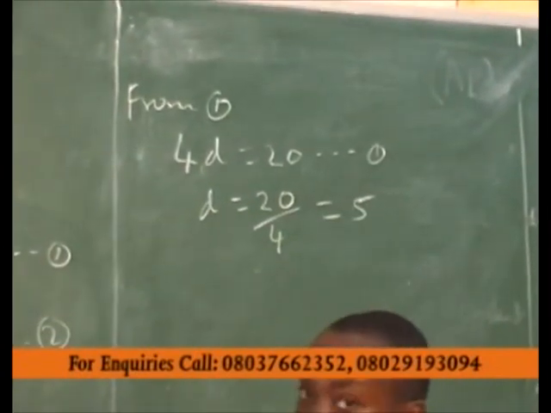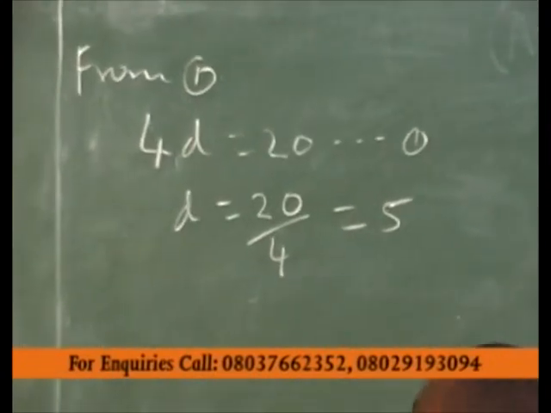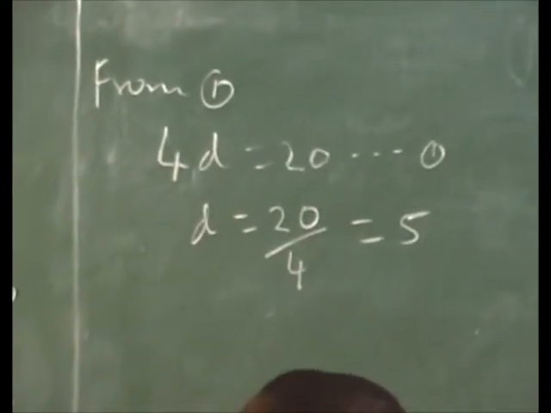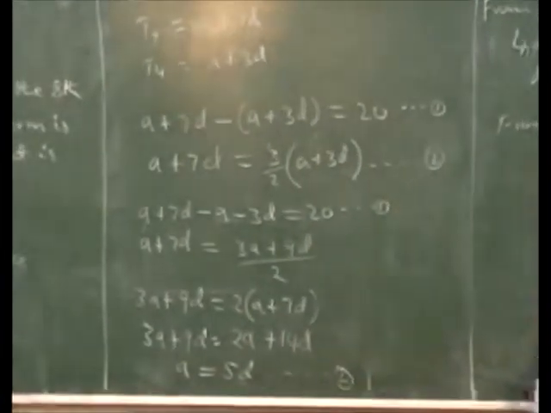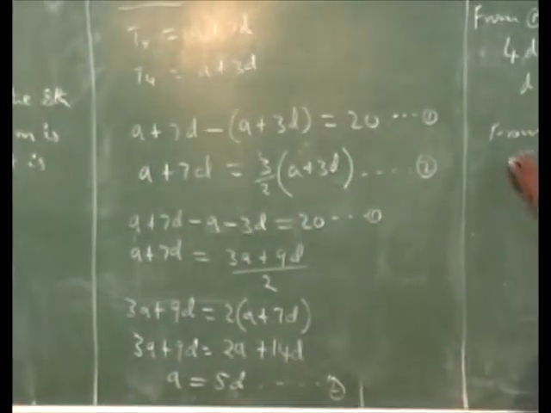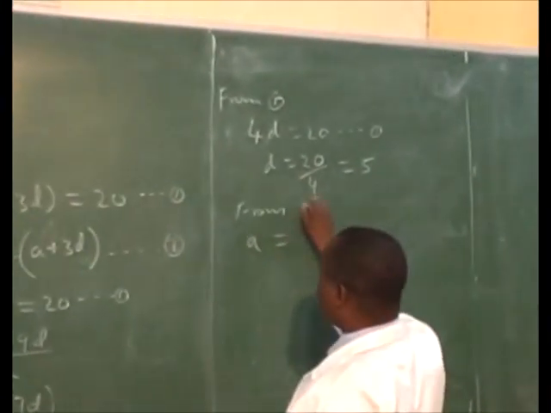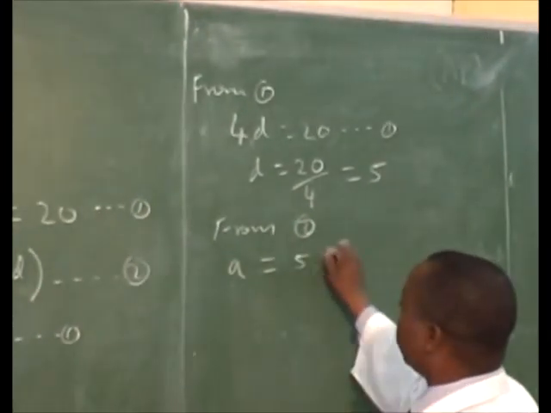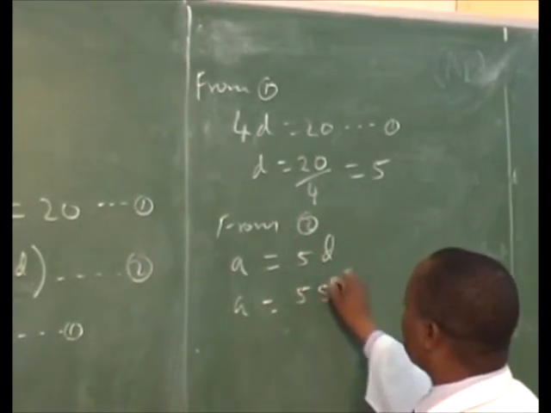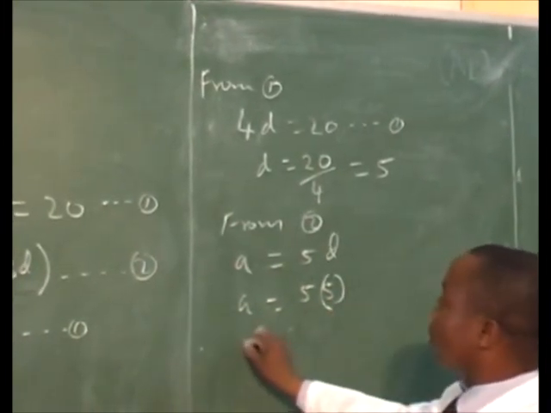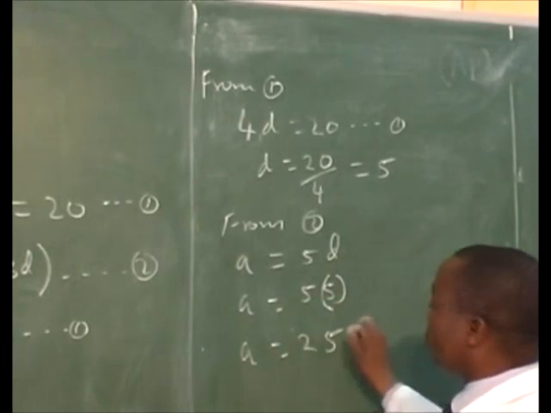If it is so, then from equation 2, we have that A is equal to 5D. So A will be equal to 5 times 5. What do you observe? A is equal to 25.